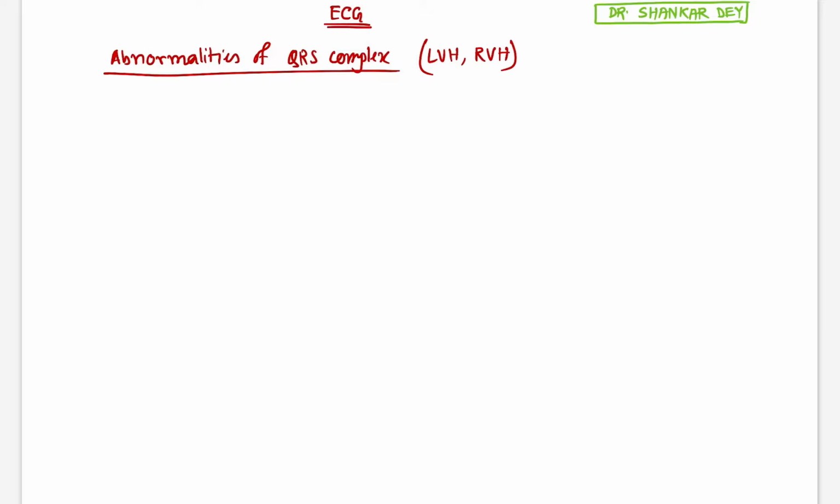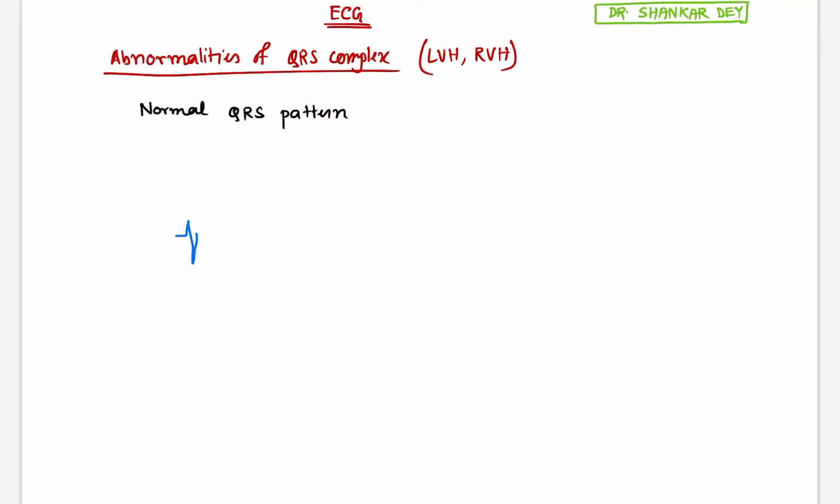Before discussing the abnormalities of QRS complex in ECG, we are going to see the normal QRS pattern in ECG. So what is the normal QRS complex pattern in ECG? The normal QRS pattern in different chest leads from V1 to V6 will be like this.